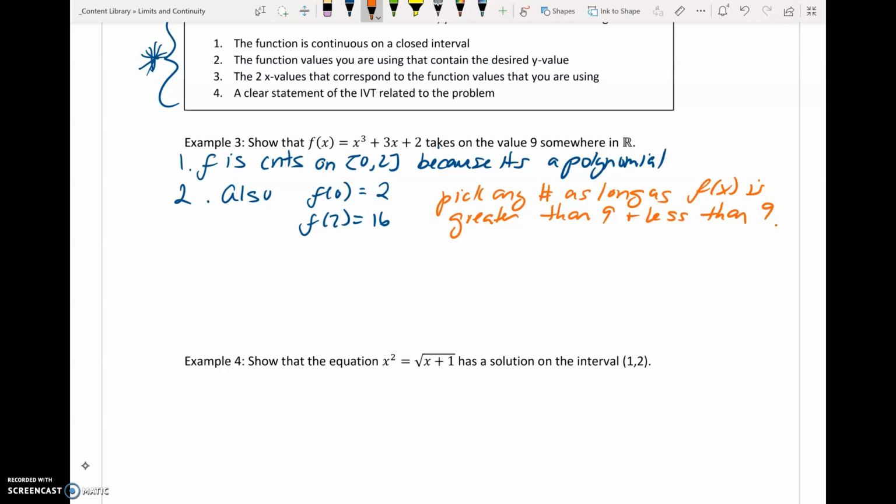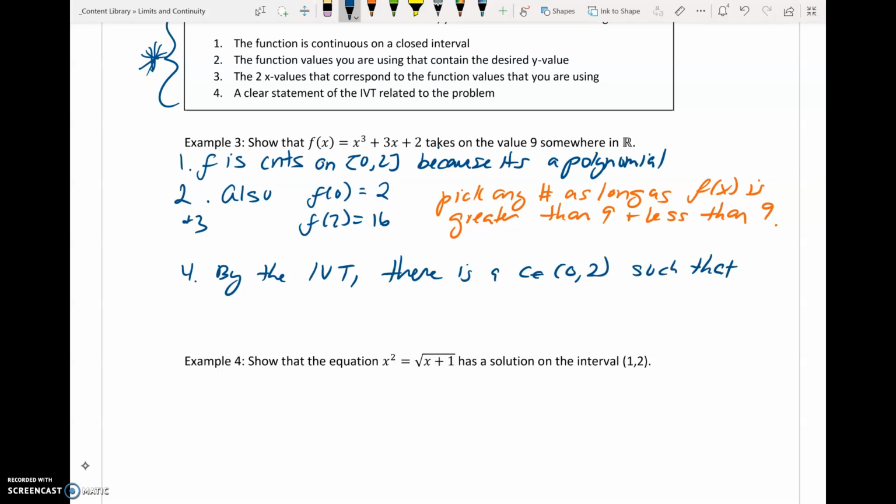We can pick other ones as long as 9 sits in between whatever you picked. So that was 2 and 3 here. And then lastly, we just state our clear statement by the IVT. There is a c in our interval such that f of c is going to be 9.